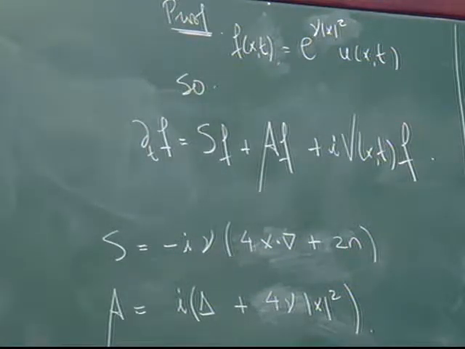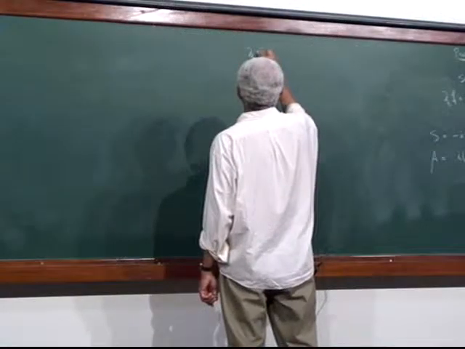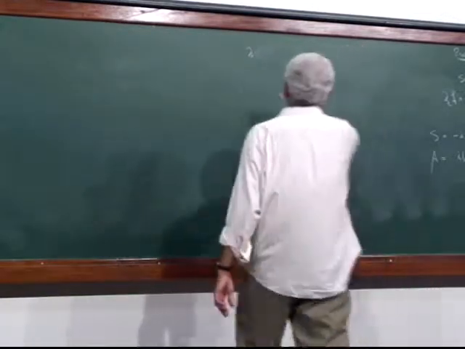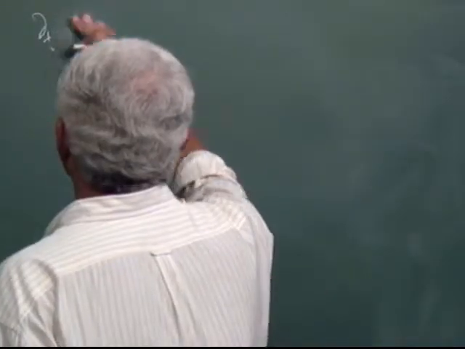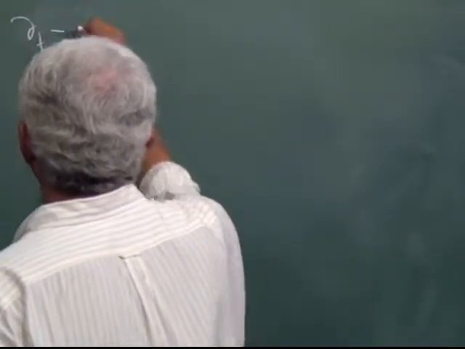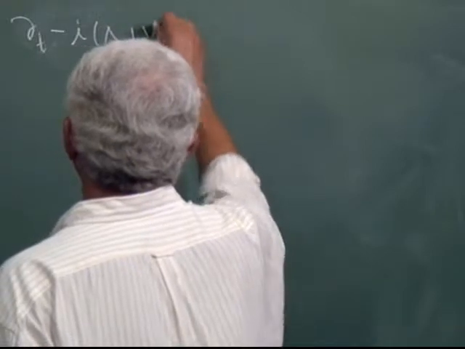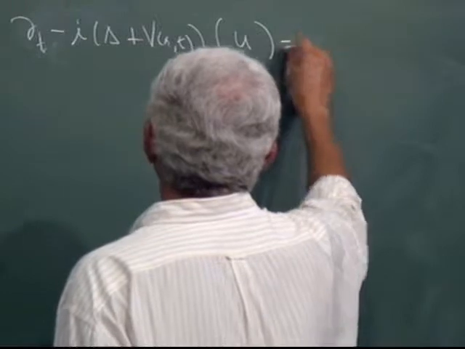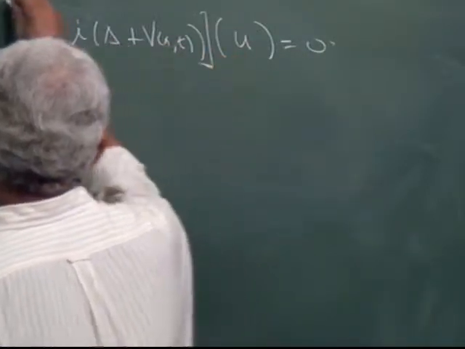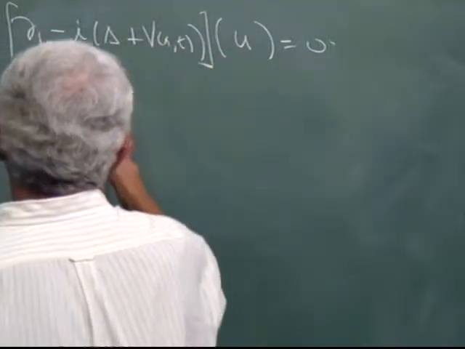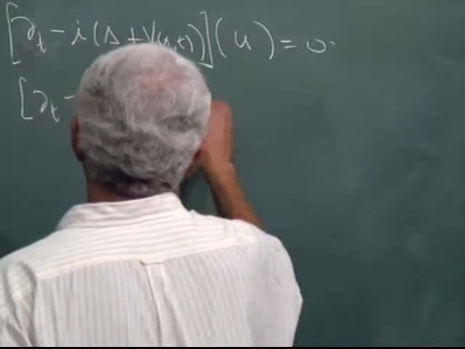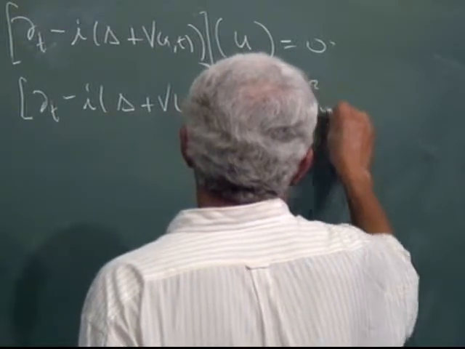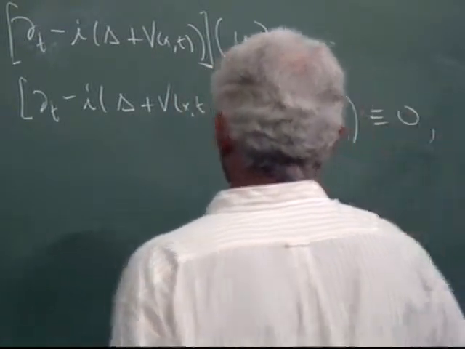Then you apply dt. You apply this operator, dt minus i Laplacian plus b of x, t, applied to u, which is 0, is equal to applying all this operator, dt minus i Laplacian plus b of x, t, to exponential of minus f, equal to 0, right?